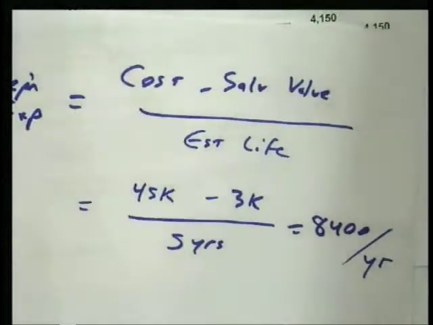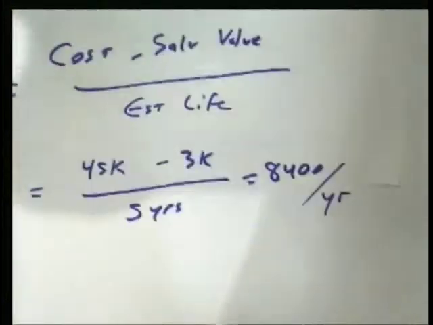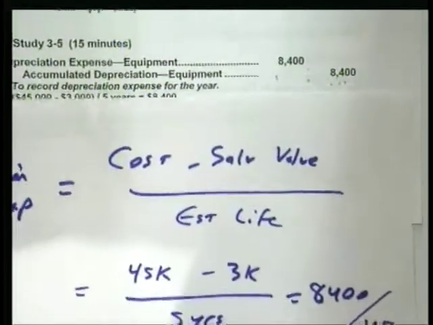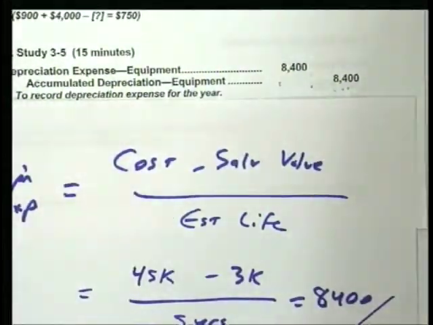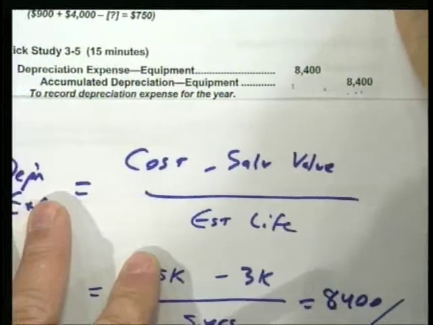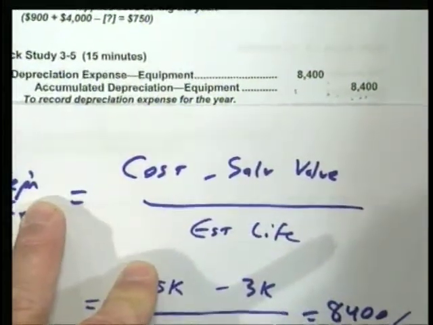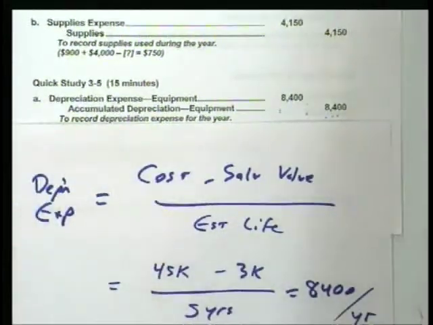So our adjusting journal entry to record depreciation is: debit depreciation expense, credit accumulated depreciation. Any questions on that one?